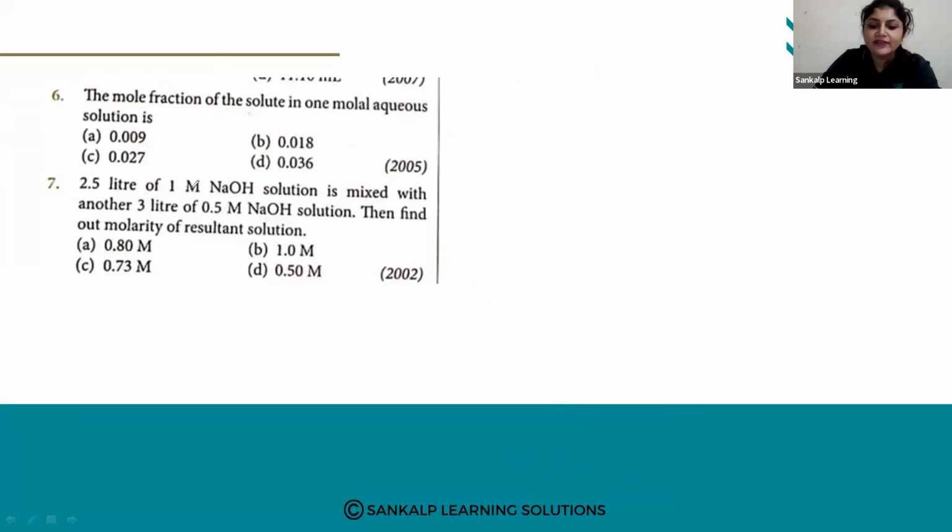2.5 liters of 1 molar NaOH solution is mixed with another 3 liters of 0.5 molar NaOH solution. Then find out the molarity of the resultant solution. So here two types of NaOH solutions are given.